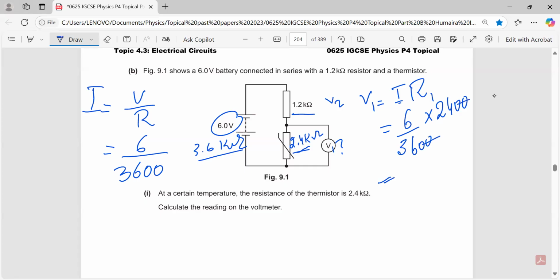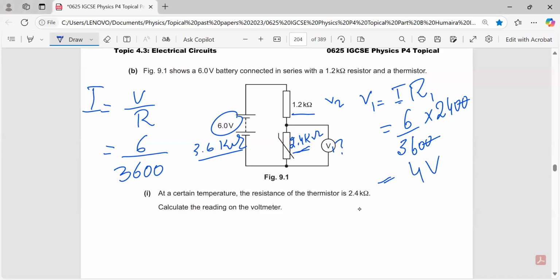Now, after solving this whole, what should be the answer? Like after solving this part, the value of voltage across 2.4 kilo ohm resistor will be 4 volts.